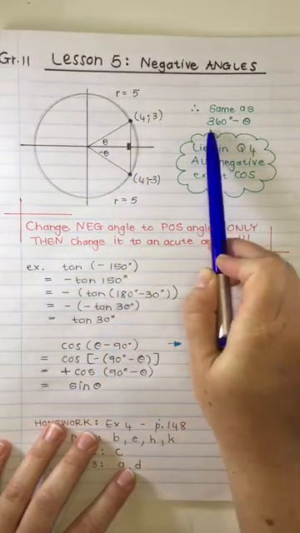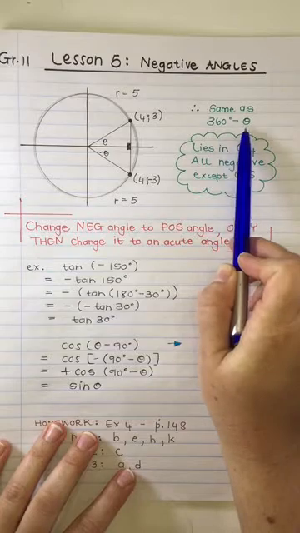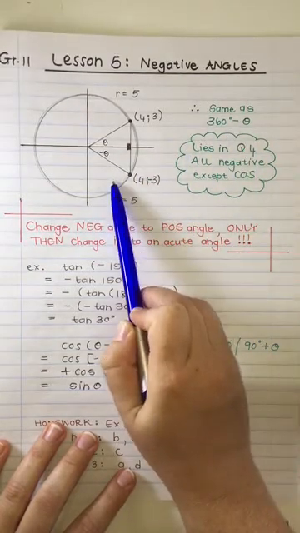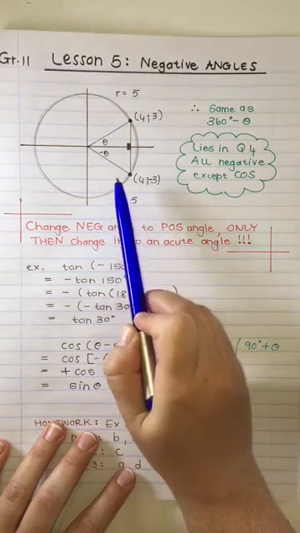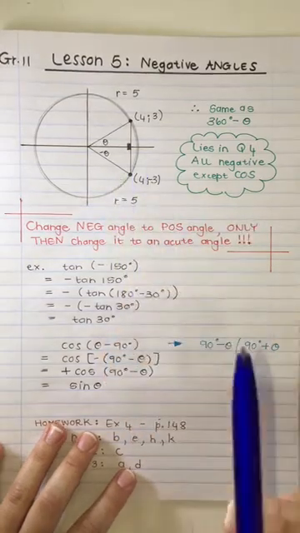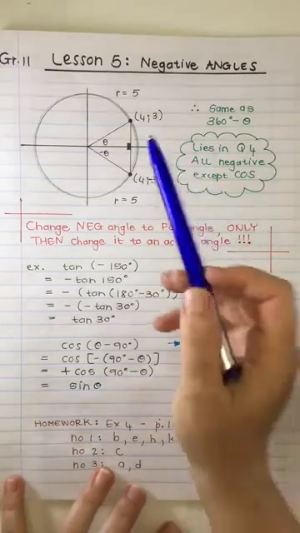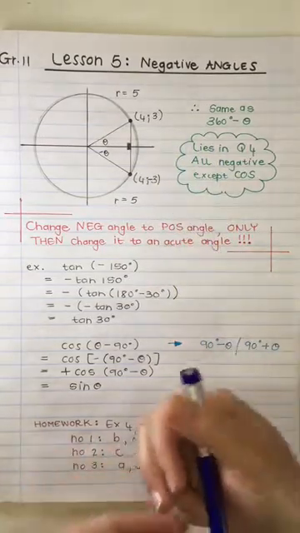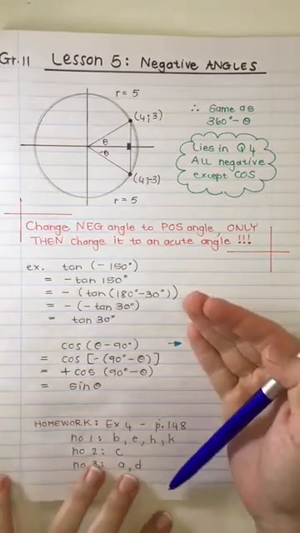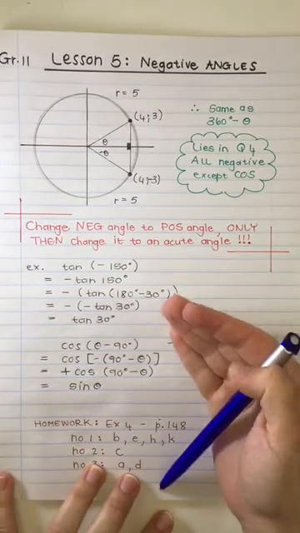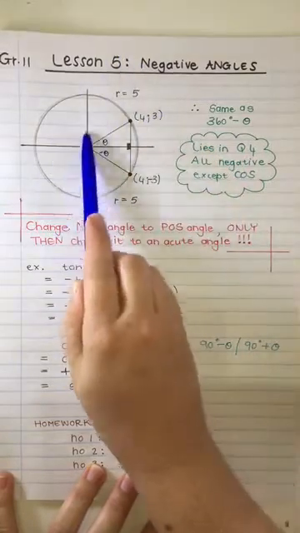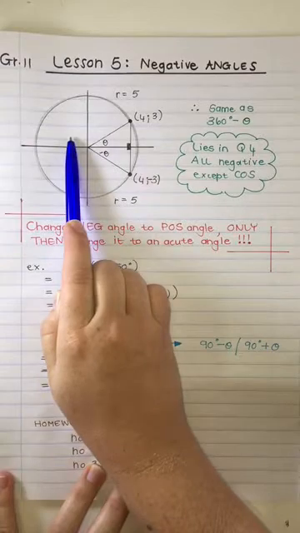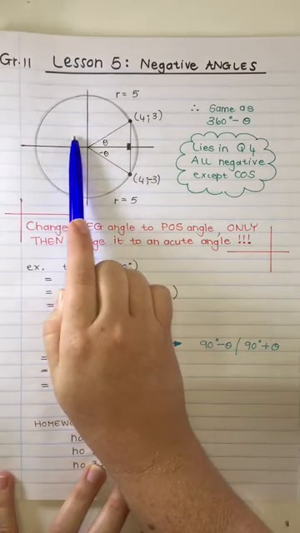It is the same as 360 degrees minus theta. Remember here that cos is positive in quadrant 4 and sine and tan are negative. When we apply this work and work with reduction formulas, it's very important to know all the little things from the previous lessons: in the second quadrant we work with 180 degrees minus theta and also 90 degrees plus theta.